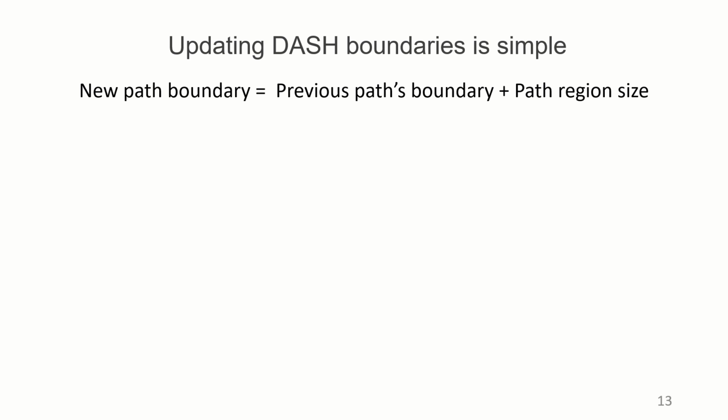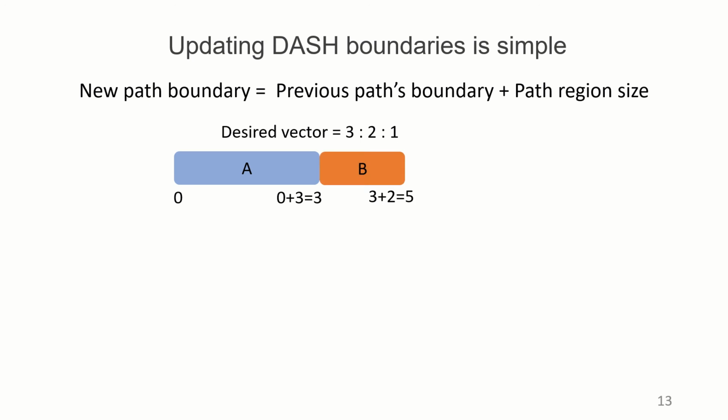Updating boundaries in Dash is relatively simple compared to that in WCMP-based algorithms. All we have to do is calculate the boundaries by accumulating the weights one stage after the other. For example, we have 3 paths with weights 3, 2, and 1. Dash will calculate the first boundary by adding the first weight 3 to 0, and then the second boundary by adding the second weight 2 to the first boundary 3.